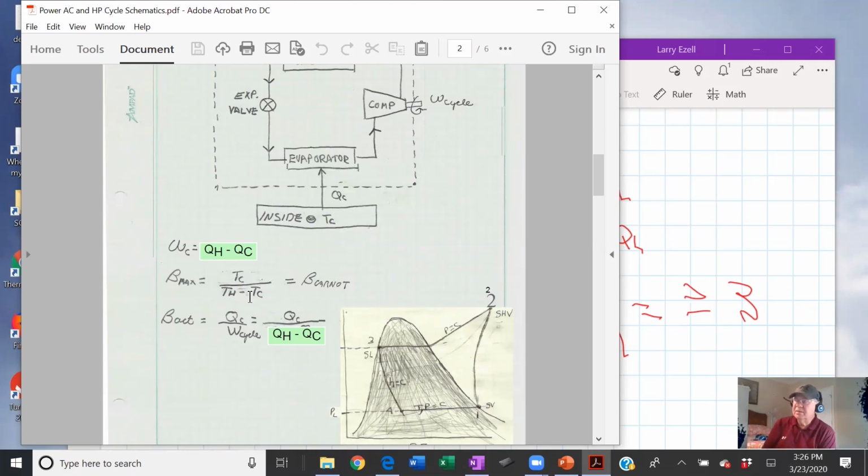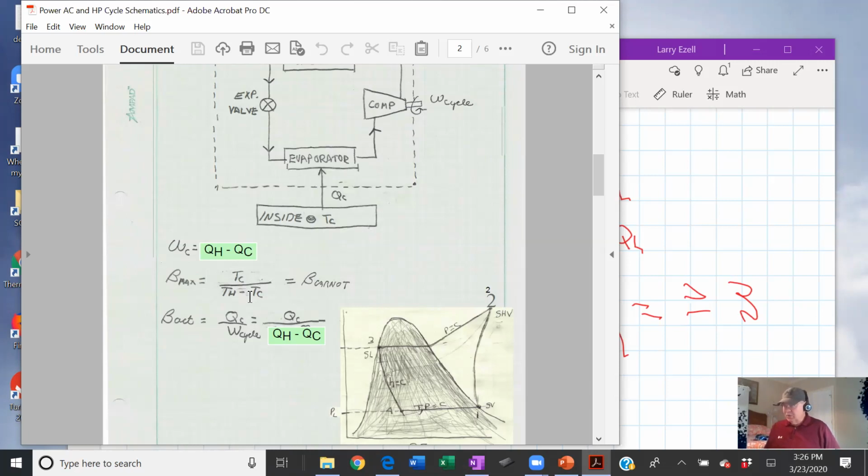And in some ways, this calculation is not that meaningful because in a real system, you don't get anywhere near 20. The 20 is the theoretical limit. If beta actual is 20, it is a reversible process.